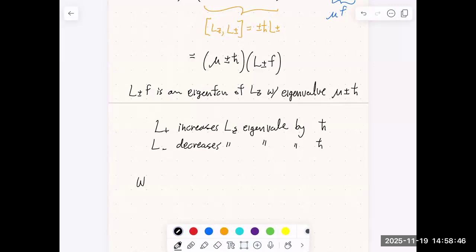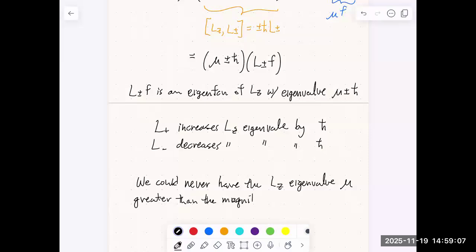Now, we could never have the Lz eigenvalue mu greater than the magnitude of L, right? Think of it. Lz is a component of L, and so it would be impossible to have a component of L be bigger than the magnitude of the total vector. That's clear.